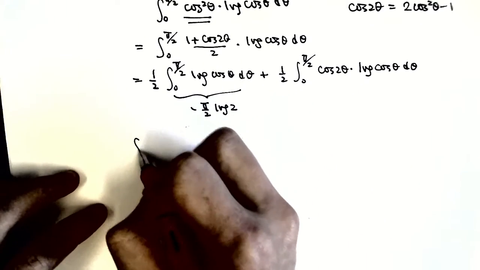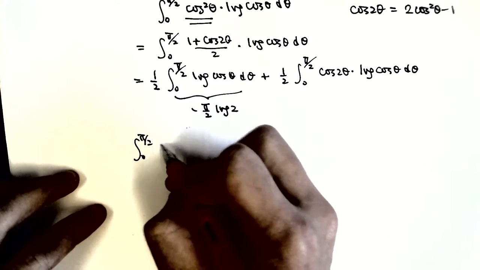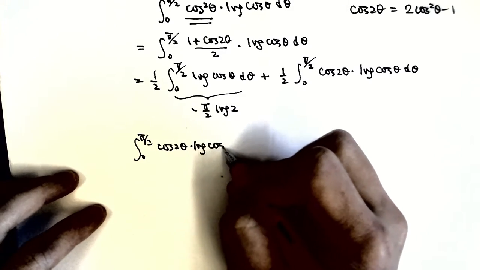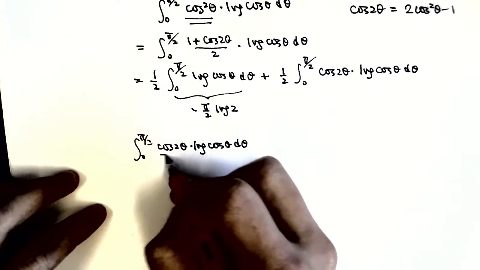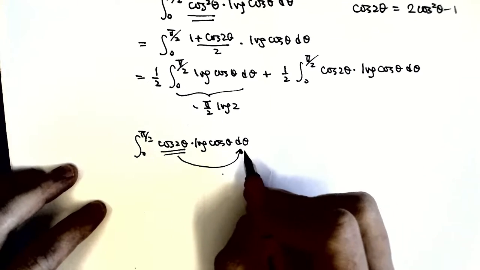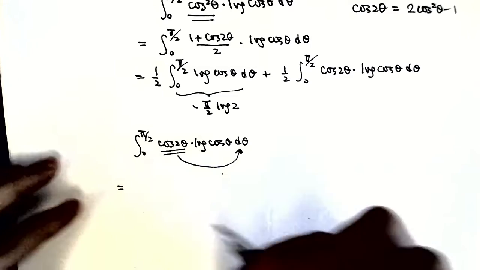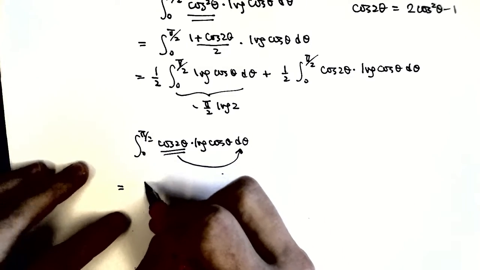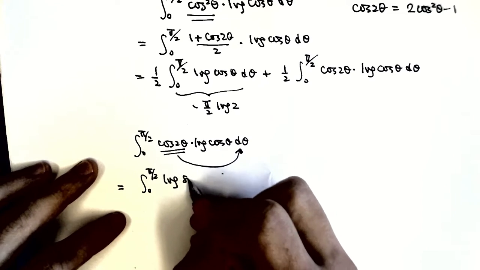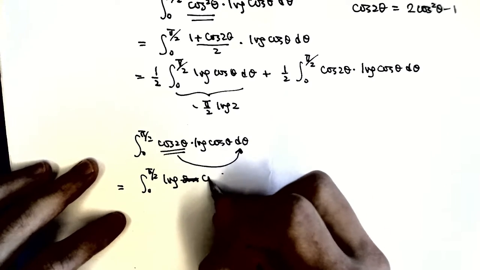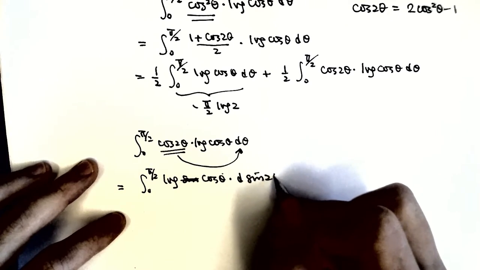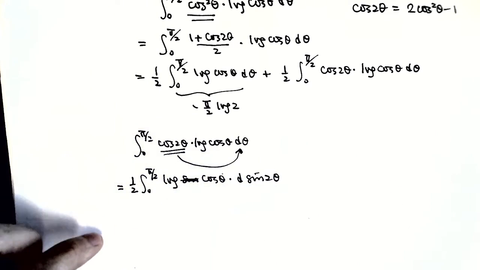Now, for the integral of cosine 2 theta times log of cosine theta d theta, we first want to absorb the cosine 2 theta into the differential, so we can use integration by parts. This becomes log of cosine theta, and then d sine 2 theta, with a 1/2 here.